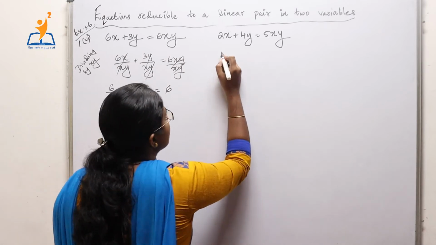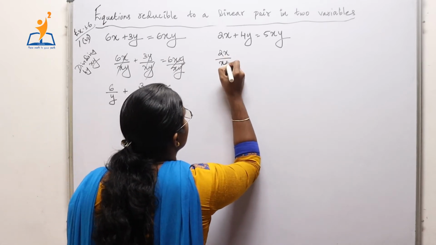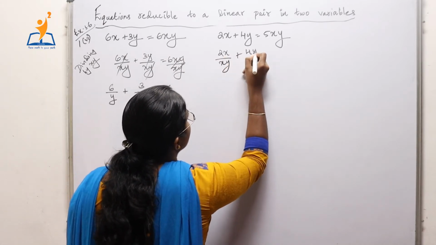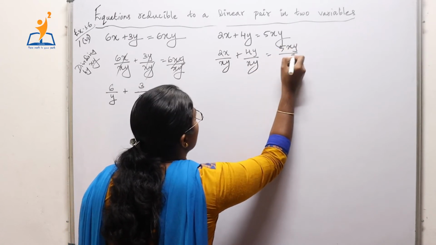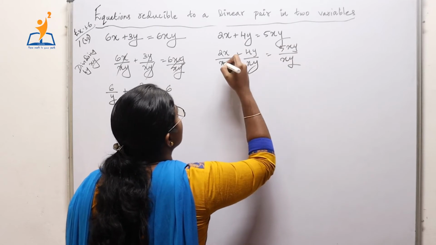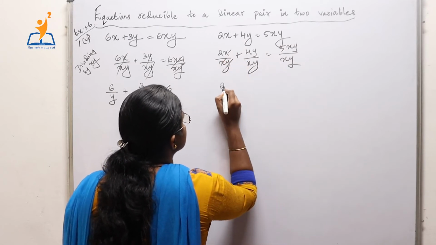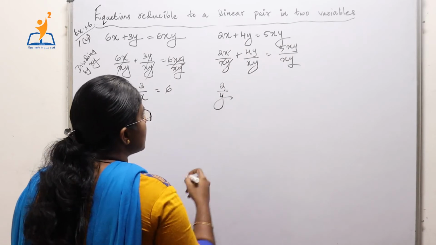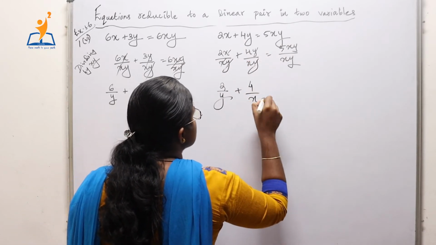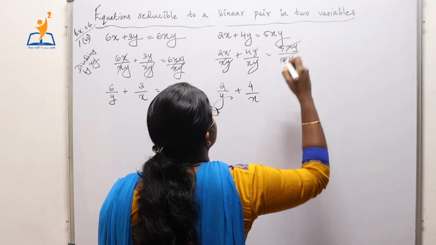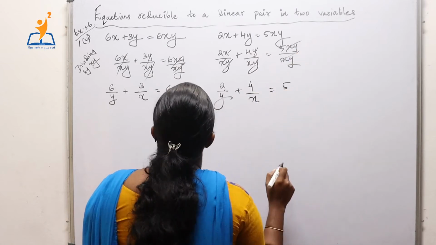Now here we have 2x by xy plus 4y by xy, which is equal to 5xy by xy. X and x gets cancelled, so it will become 2 by y plus y and y gets cancelled and becomes 4 by x. xy and xy gets cancelled, which is equal to 5.